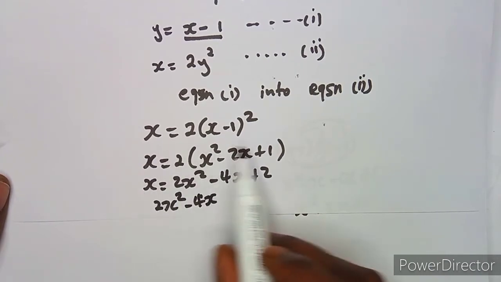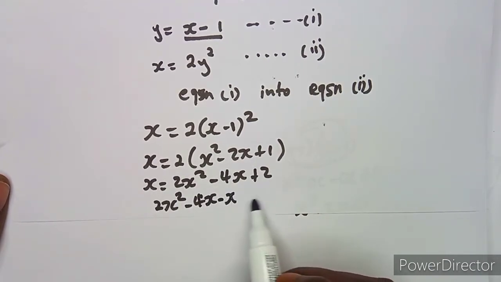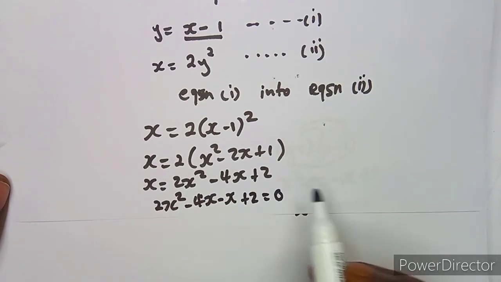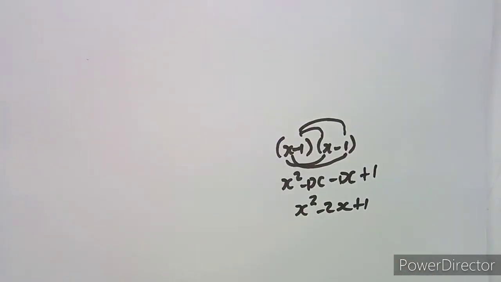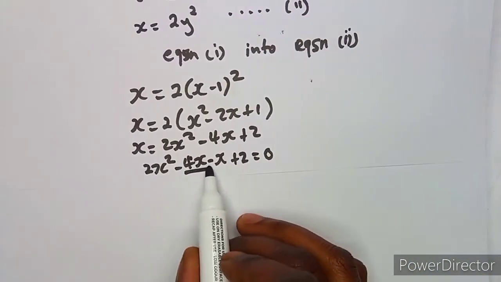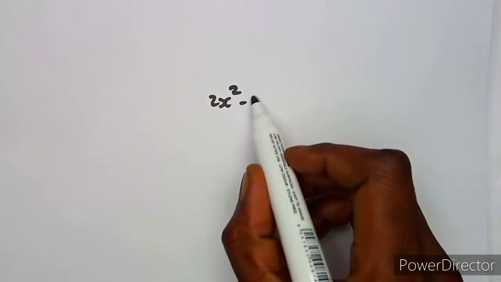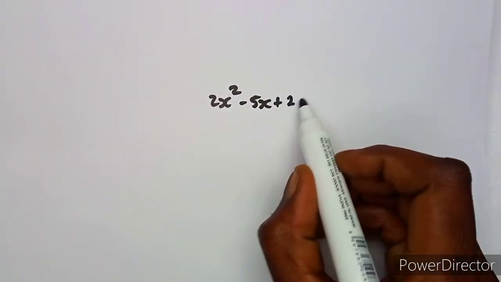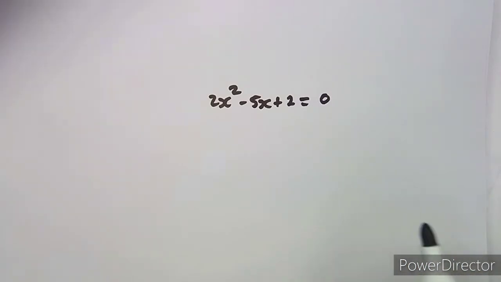If we take this x to this side, it's going to be minus x plus 2 is equal to 0. So this can be written as 2x squared minus 5x plus 2 equal to 0. So that's our quadratic equation.